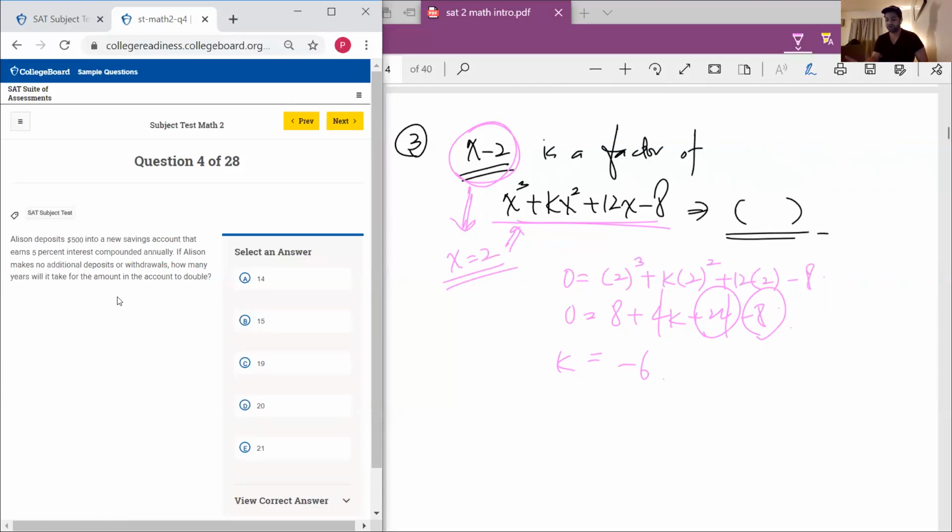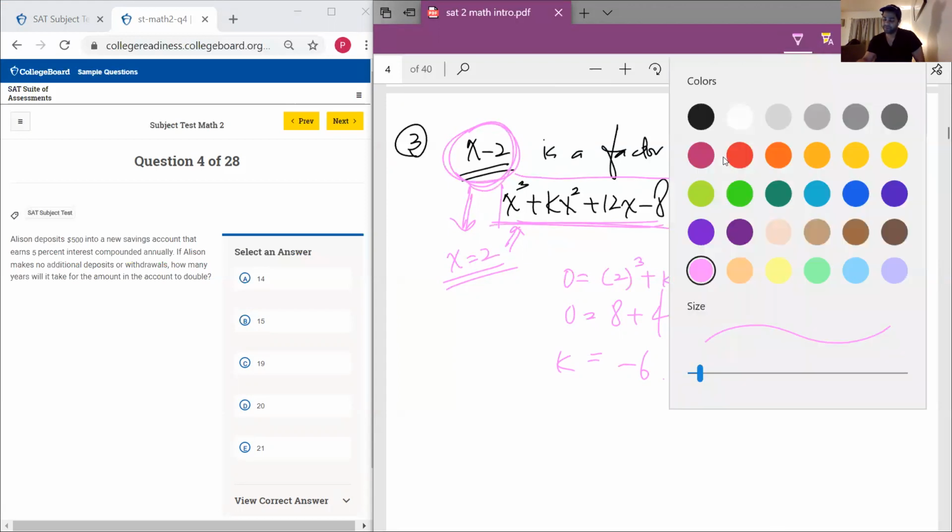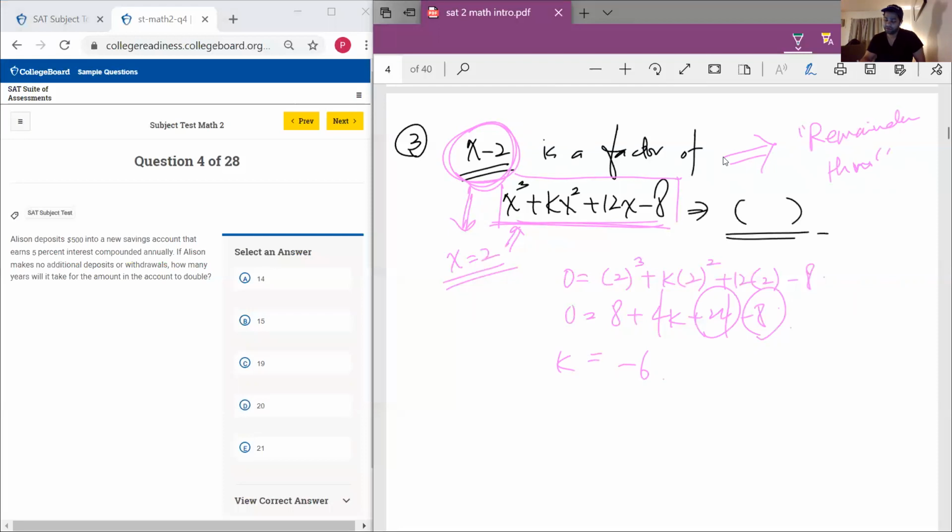Obviously, it's algebra and function domain, but this is related to also the concept of the remainder theorem. Like they will say, if you were to divide this polynomial by this factor and end up getting a remainder of 5, then what would be the value of k?